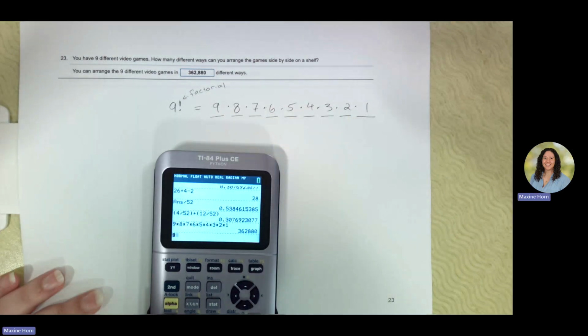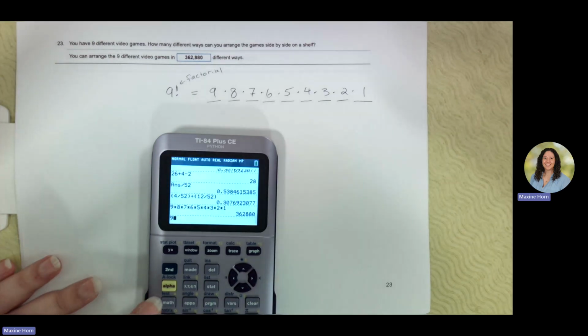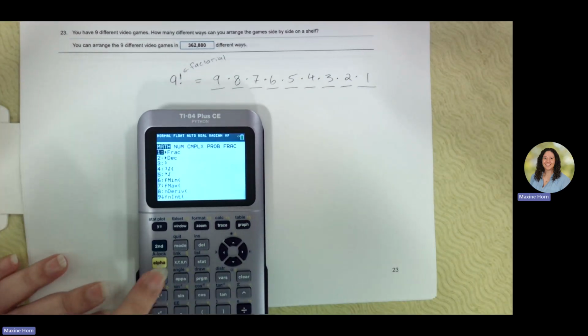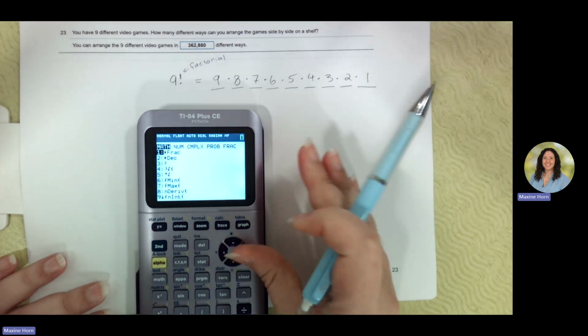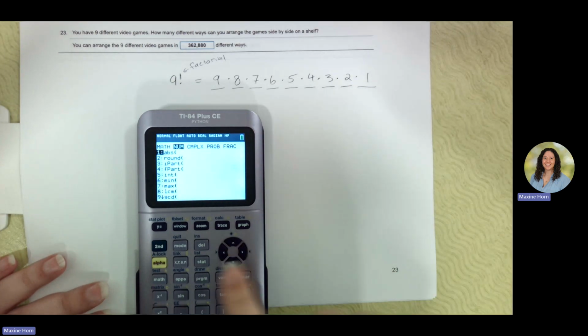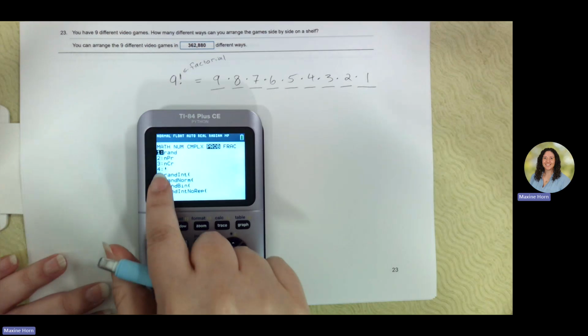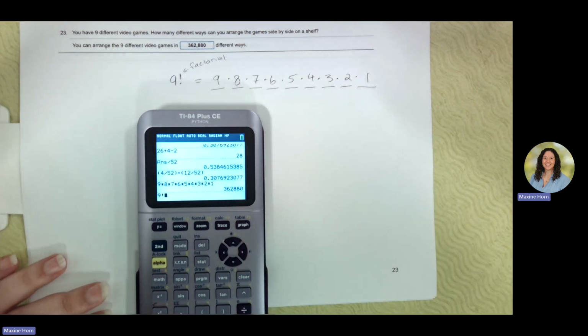So what you're going to do is type 9, and then go to math. Oh, no, I'm sorry, probability, because we're talking about probability. There it is, number 4 is the exclamation mark, the factorial, and you get the exact same thing.